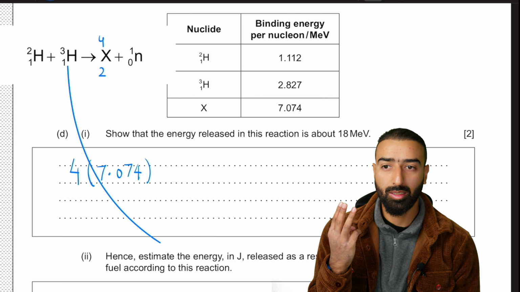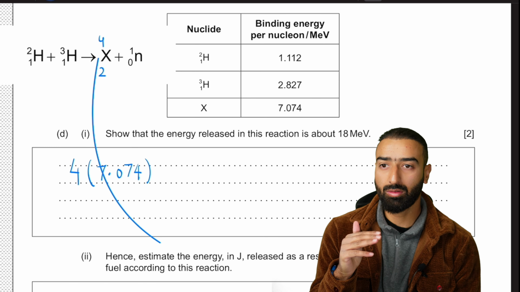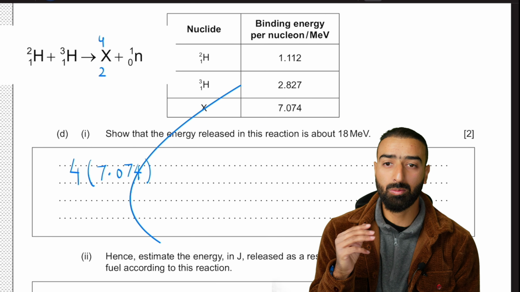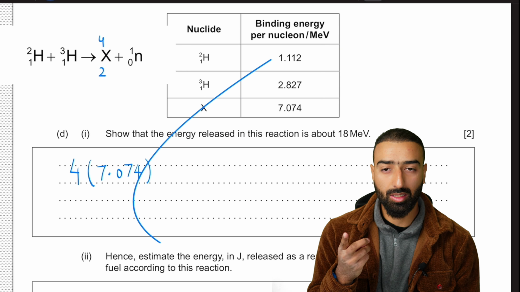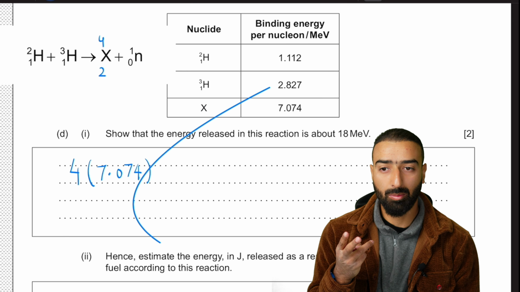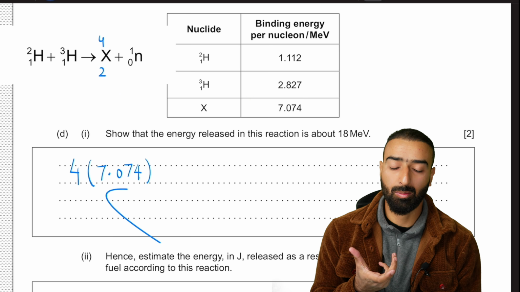Similarly for tritium, since we have to destroy tritium to create the helium nucleus, we need 3 times the binding energy. So we have to supply 2 times this amount, 3 times this amount, and then we are going to get 4 times this amount of energy.